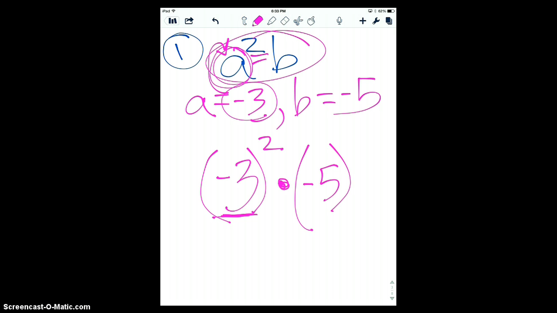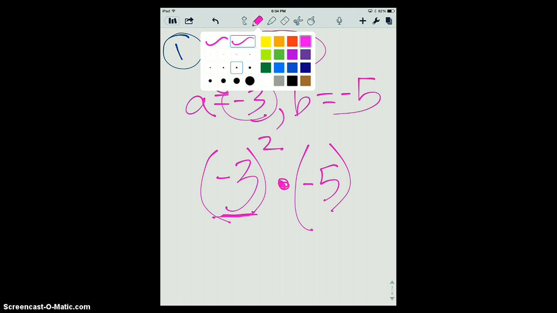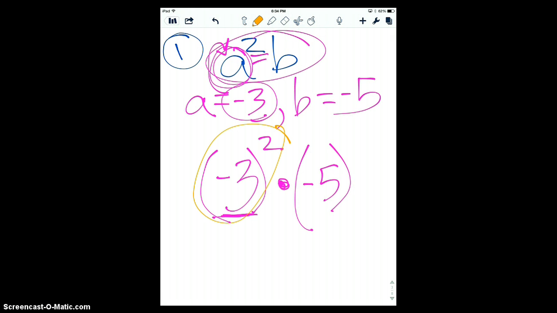So order of operations. I would start with inside the parentheses, but you guys, there's nothing to do inside the parentheses. The only reason they're there is to keep those negatives in there. So then you go to exponents. I have an exponent here, and that means that I have a base of 3 being multiplied by itself 2 times. So I'm taking -3 times -3.